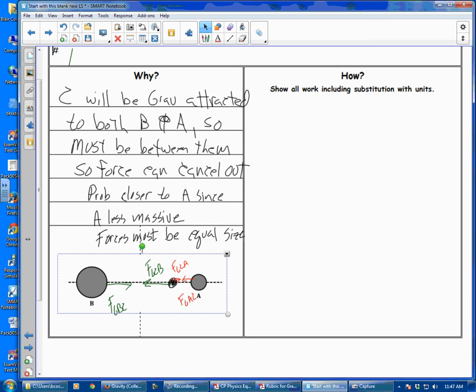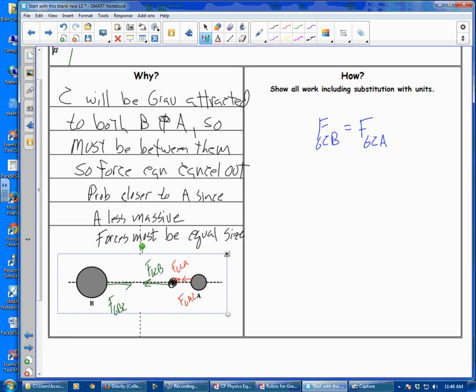And it sketched out how, because the forces must be equal in size. So the force of gravity on C due to B, the force of gravity on C due to A, those two must be equal. Now, just their magnitudes, right? Just their size, because we know they're opposite in direction.